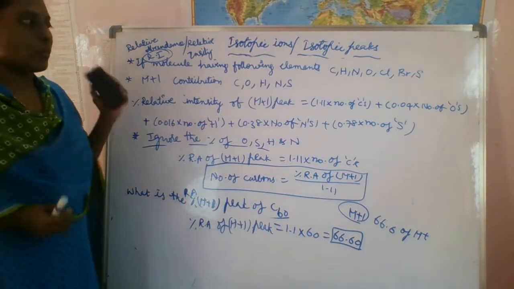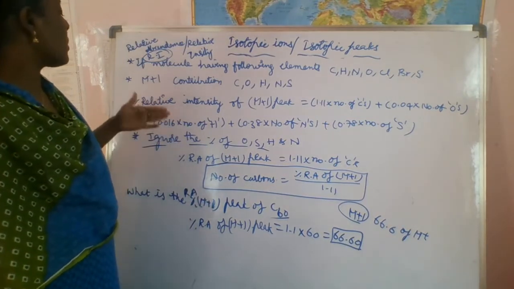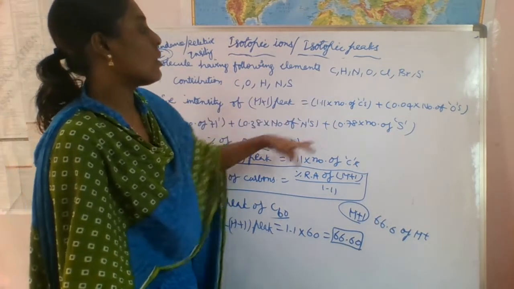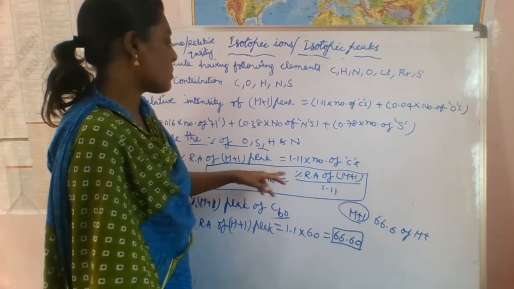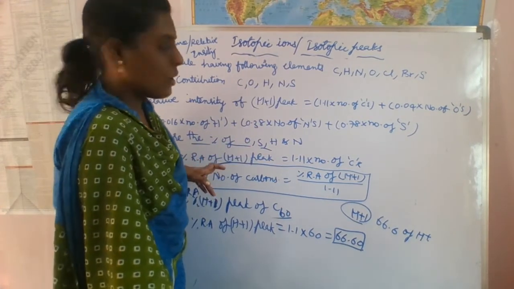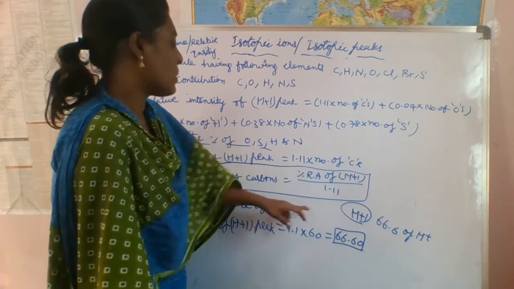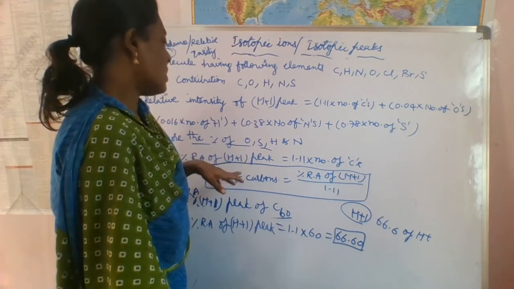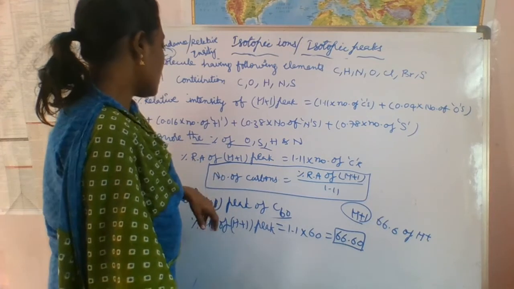Okay, I hope you understand this concept, right? If we calculate the relative intensity of the M plus 1 peak, we have to calculate all of this, but if we have to calculate the number of carbon atoms, this is the formula, and we ignore all the other peaks. So the percentage of relative abundance of the M plus 1 peak divided by 1.11 is the formula used for calculating the number of carbon atoms.